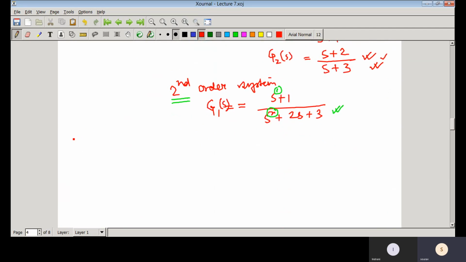So the transfer function, abbreviated TF, of a multi-input multi-output system, that is a MIMO system.